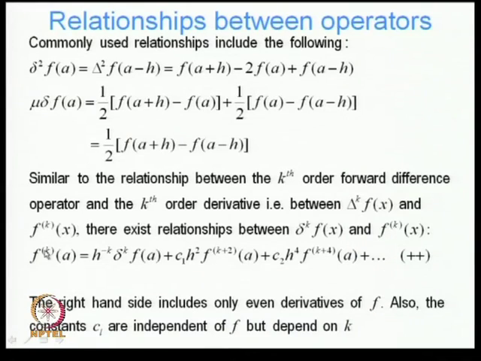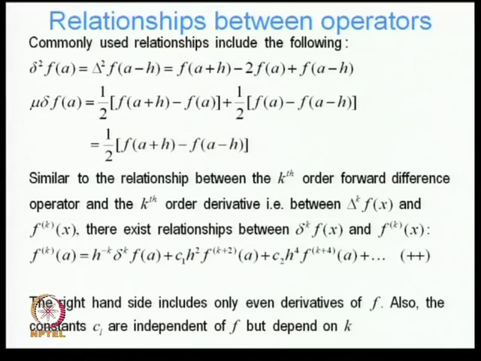So, if I am interested in f prime of a, and I want to find how my central difference approximation to f prime of a is related to f prime of a, I use this relationship. This tells me that f prime of a is approximately equal to the central difference operator acting on f of a, scaled by the appropriate step size, plus the error terms.